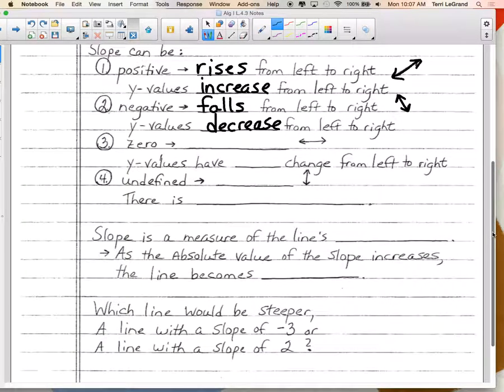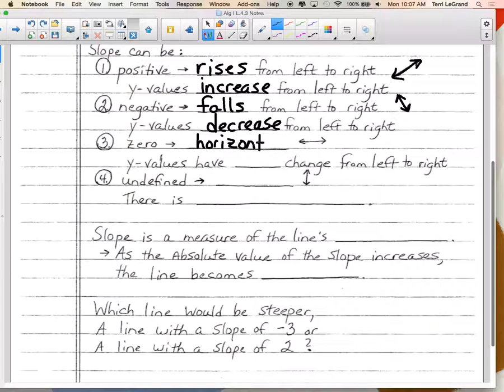Well, we just discovered when we were doing rate of change that there is such a thing as a 0 rate of change. And remember, rate of change is related to slope. So 0 slope is what kind of a line? What's its behavior? Horizontal.